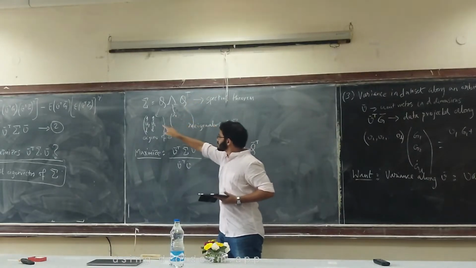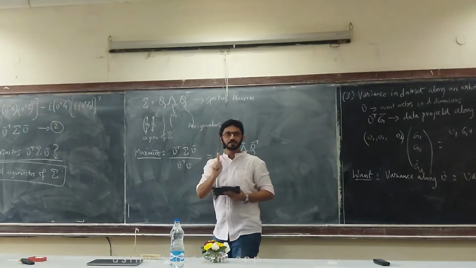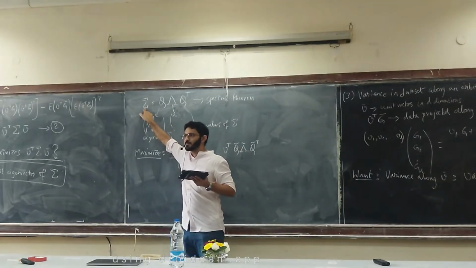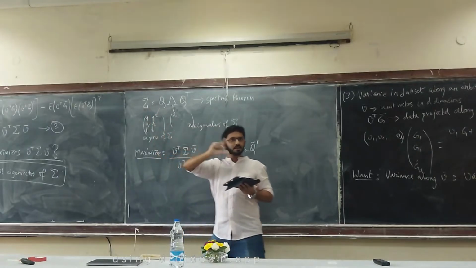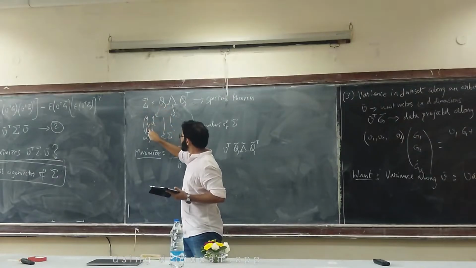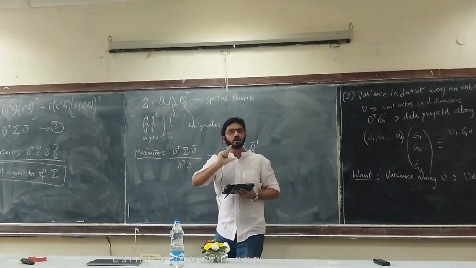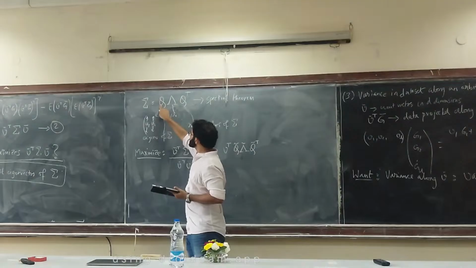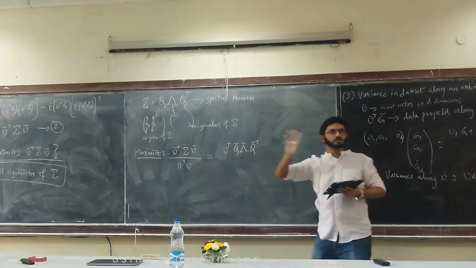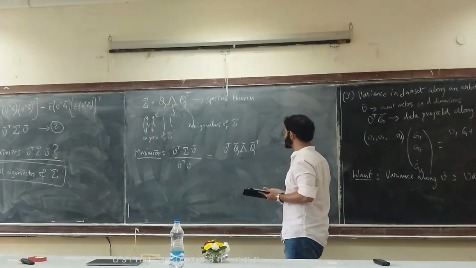I did not tell you this, but sigma is clearly a real symmetric matrix, right? Because the covariance matrix is symmetric. Hence, the eigenvectors will all be orthonormal. Hence, Q is an orthogonal matrix, so Q inverse is equal to Q transpose. Okay, for those of you who are familiar with this stuff.